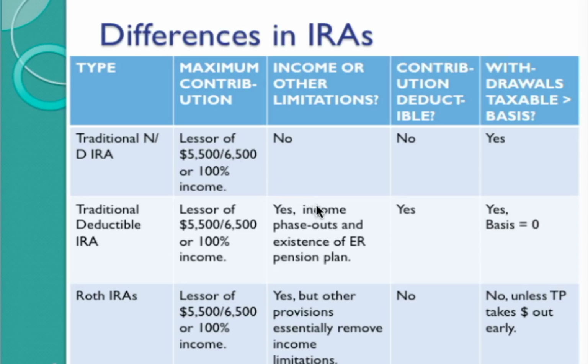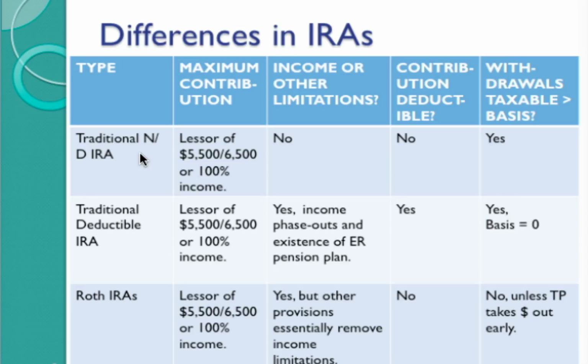But these, other than the Roth IRA, basically, with the traditional deductible IRA, and this top one is the non-deductible IRA, with the deductible IRA you're able to deduct the amount that you're putting in for the year, but the deductible IRA is subject to phase-outs based on AGI and the existence of an employer pension plan that would basically disallow that.